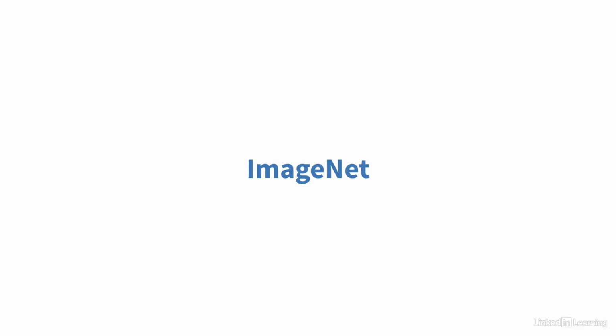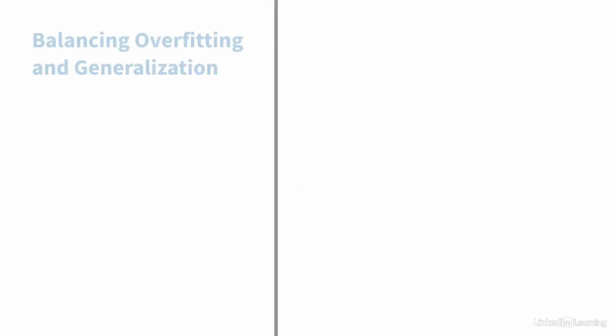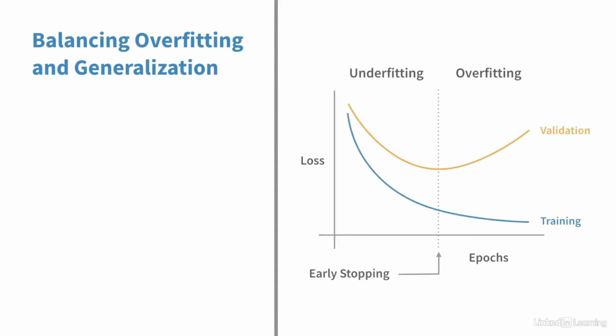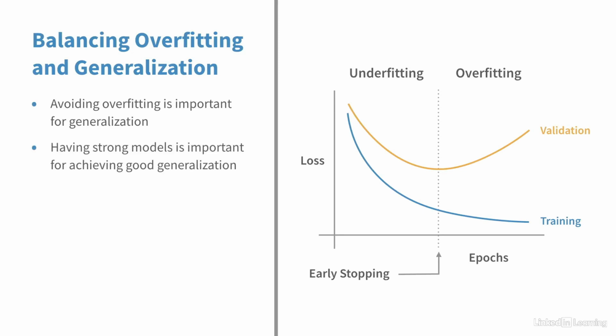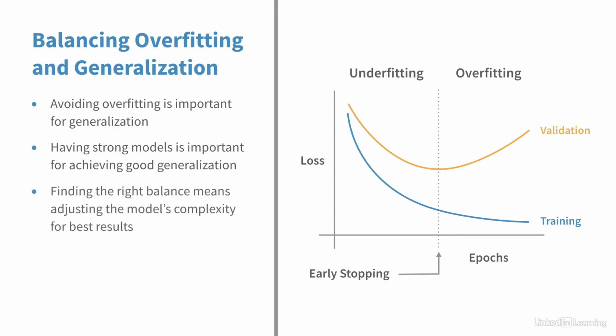Let's talk a bit about the importance of data for building image classification models and the lasting impact of ImageNet on computer vision. One of the fundamental principles in machine learning is the avoidance of overfitting, which is crucial for achieving generalization. These two concepts, overfitting and generalization, go hand in hand, and you need to think about them together.